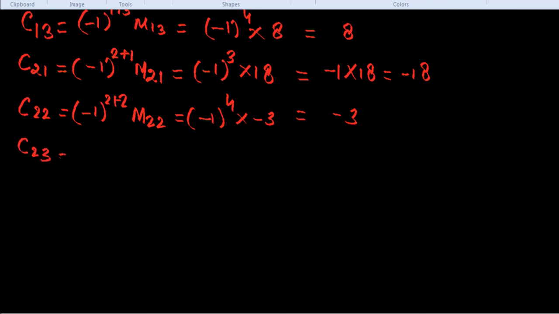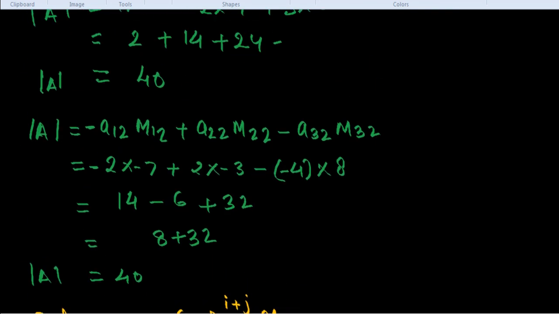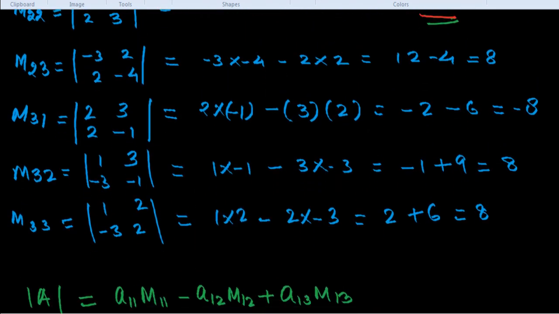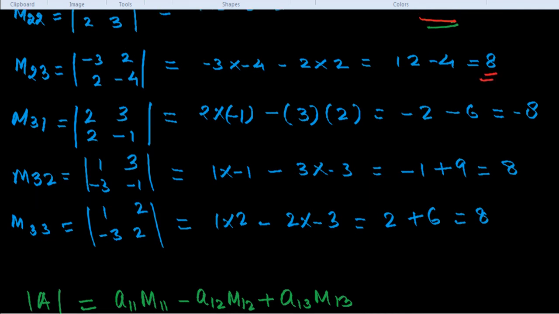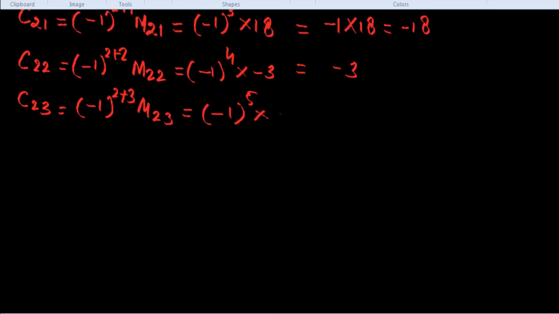And C23 is minus 1 to the power 2 plus 3 into M23, minus 1 to the power 5, and the value of M23 is 8. Now we put here 8. So the odd power is there, so minus 1 into 8 which is minus 8.